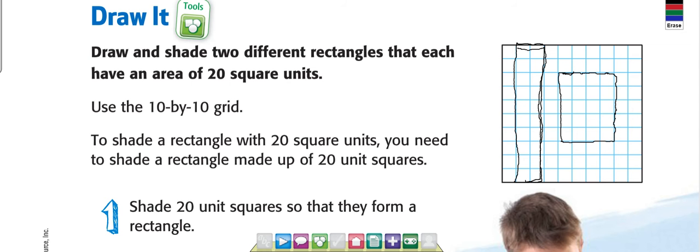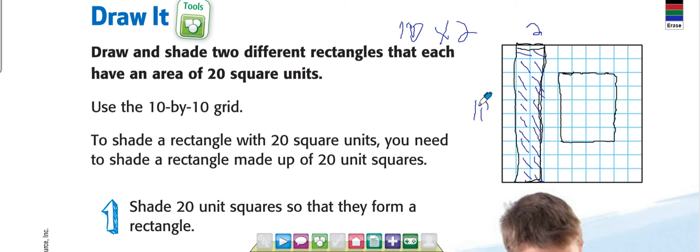When it says that each rectangle has to have an area of 20 square units, that means there's 20 little squares inside. 1, 2, 3, 4, 5, 6, 7, 8, 9, 10, 11, 12, 13, 14, 15, 16, 17, 18, 19, 20. Because last time I checked, 10 times 2 is 20, right? So the width is 2 and the length is 10.